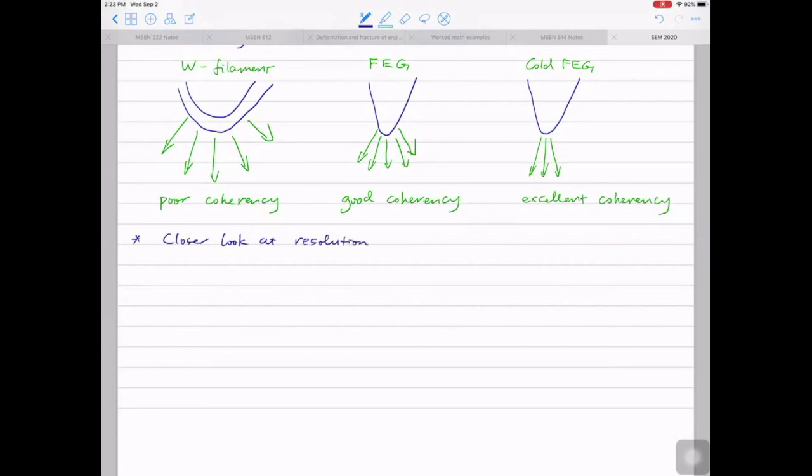Last week, when we discussed resolution, we mainly focused on the physical limit, on the diffraction limit. But in reality, the resolution is not only affected by the fundamental physics. There are other things as well when you try to focus the beam.